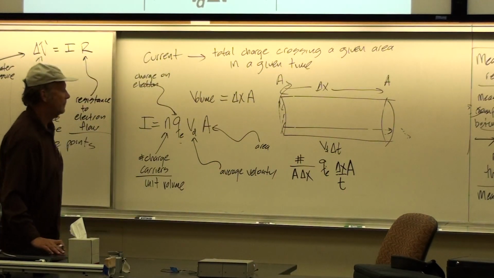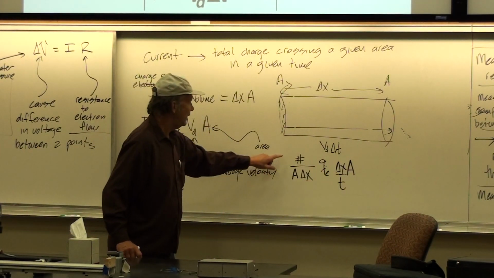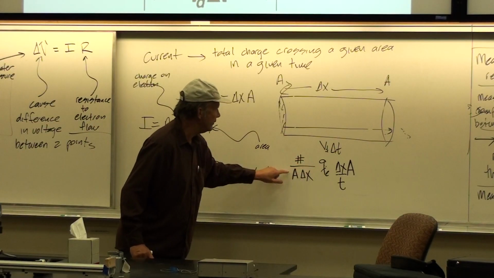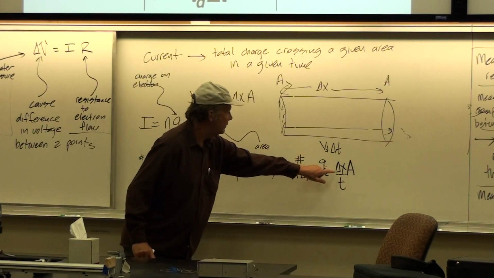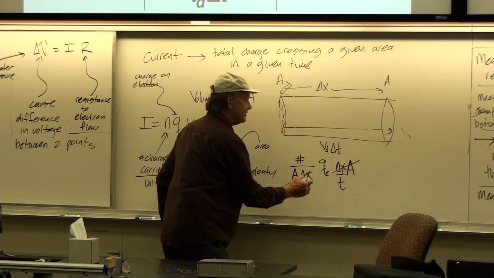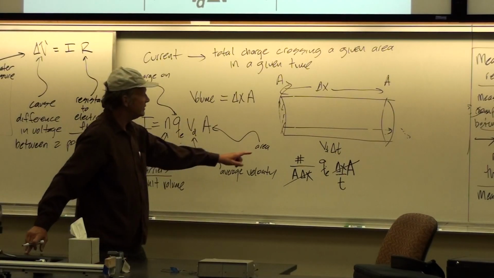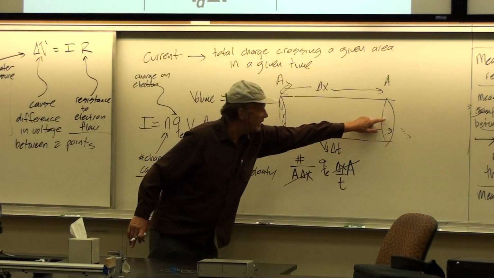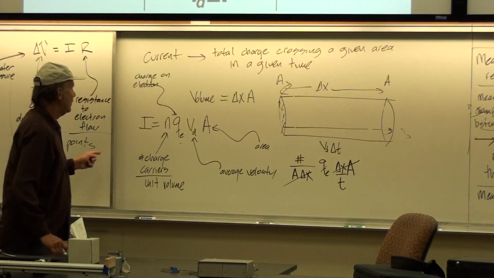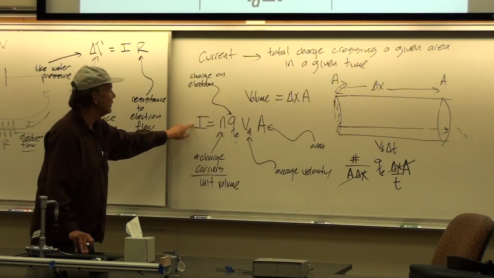Okay, so this is v drift, this is the area, and this is the total number of electrons in that volume. But here, delta x times A cancels out, because that's charges per unit volume. So this just gives us the total charge that crosses that area in a given amount of time. And that's the reason why this expression works for the current.